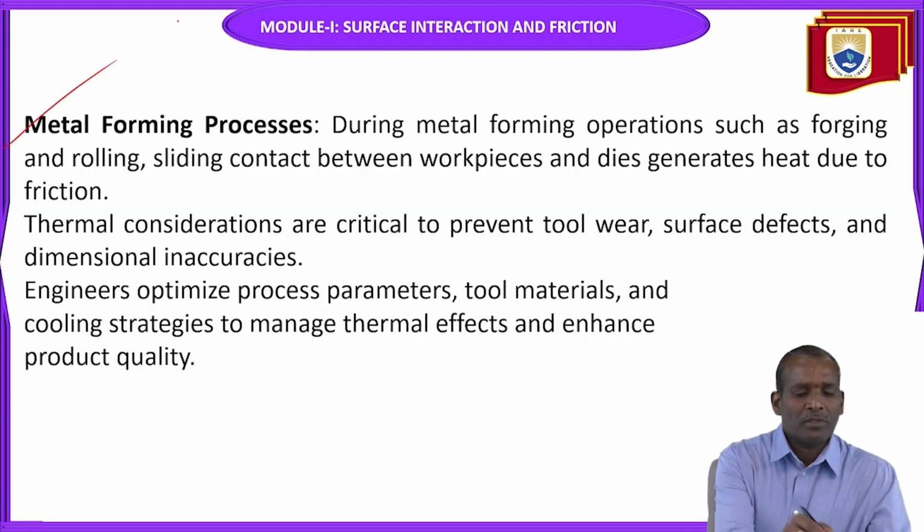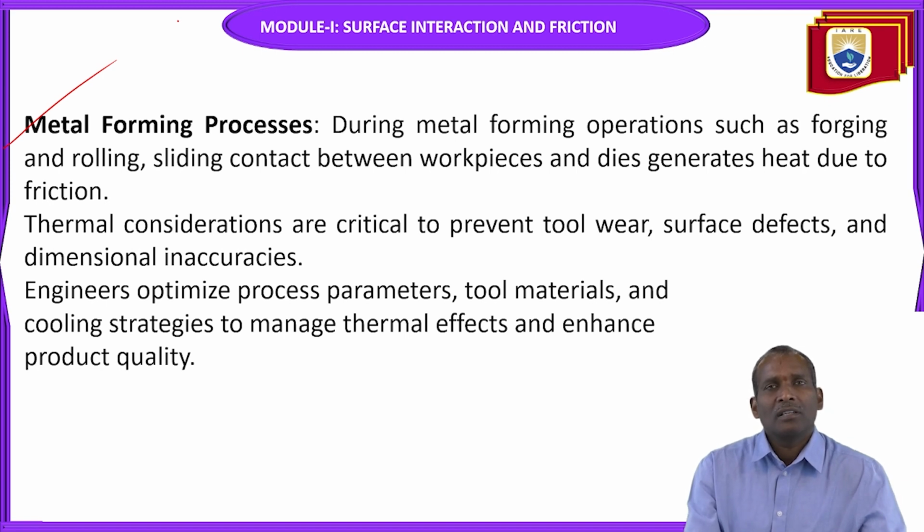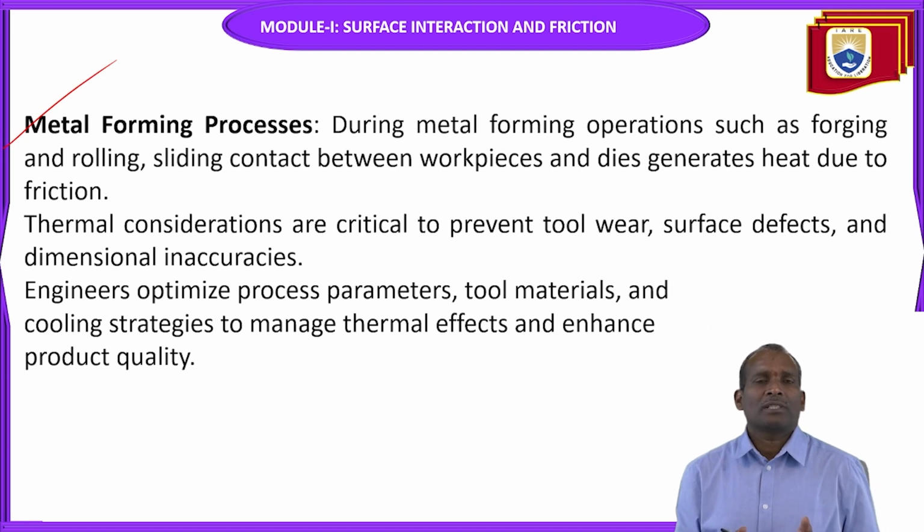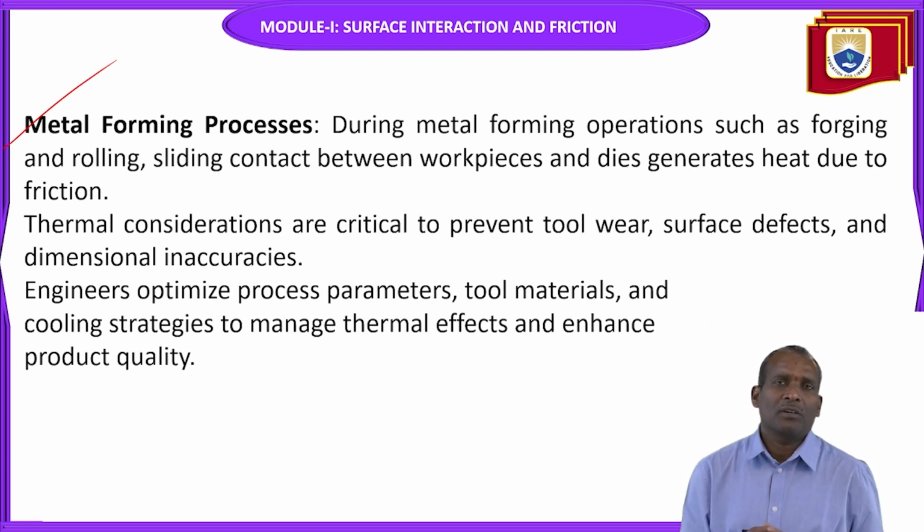Next, metal forming processes in mechanical systems. During metal forming operations such as forging or rolling, sliding contact between workpieces and dies generates heat due to friction. Similarly in a lathe machine, drilling machine, or milling machine, the contact between the workpiece and tool gives more friction.